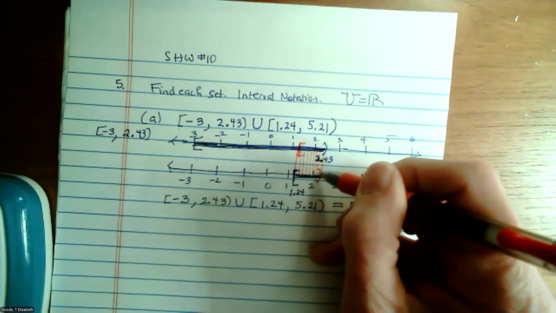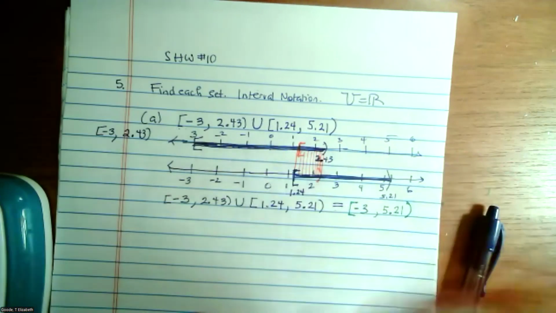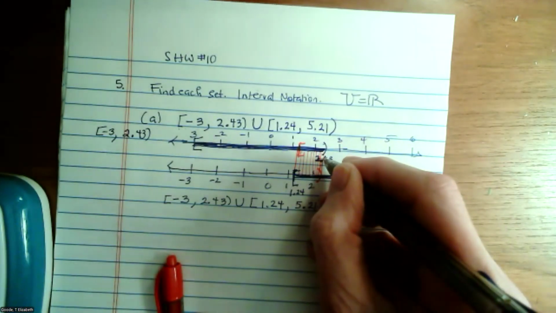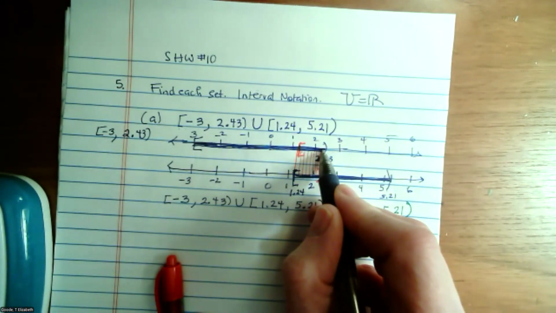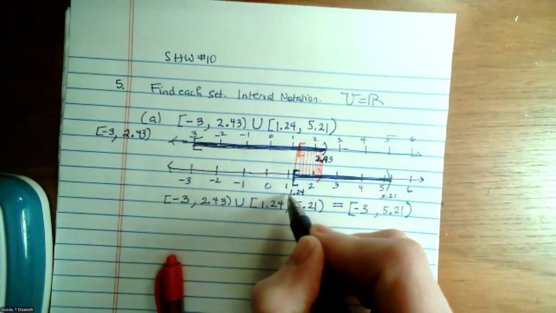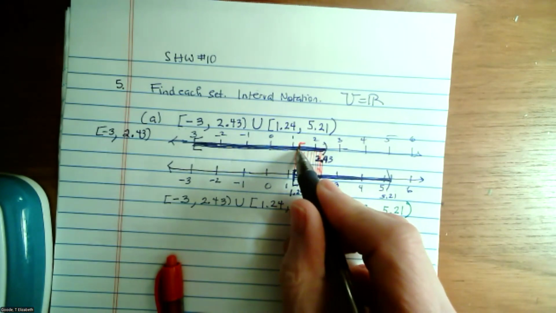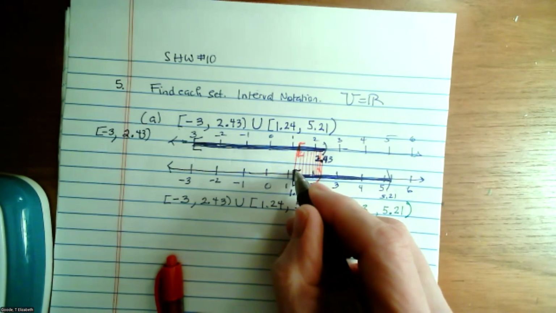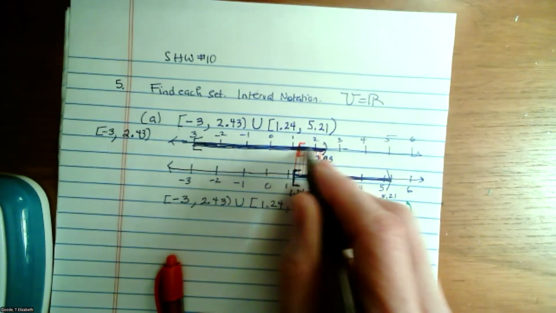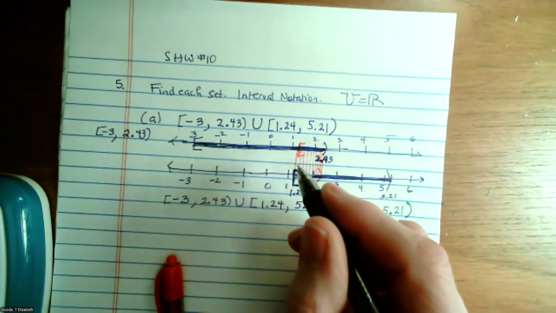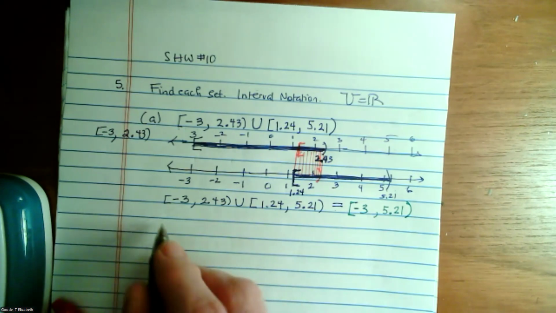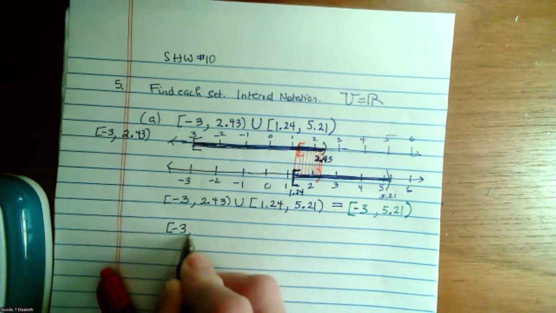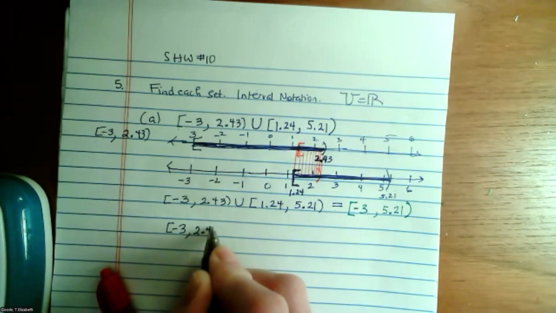So it's not in both. 2.43 is not in both sets because it's not part of this set. But 1.24 is in both sets because it is included in the bottom set, and it's right here inside the other set. So what is the intersection?